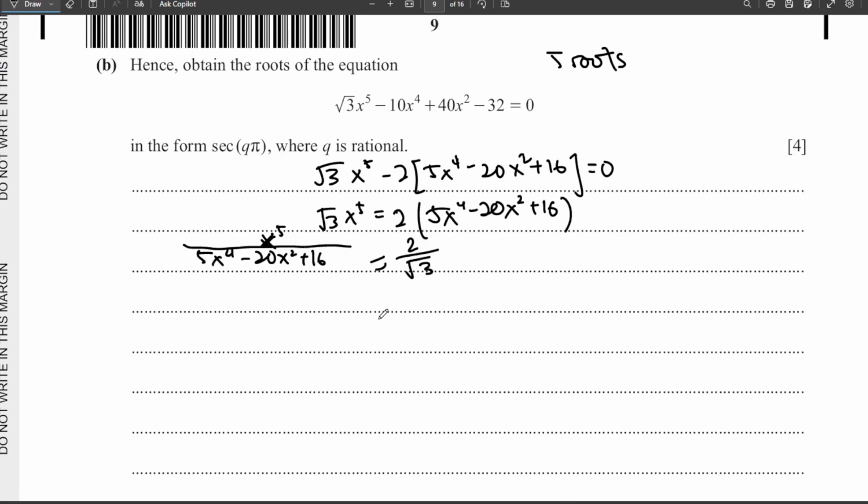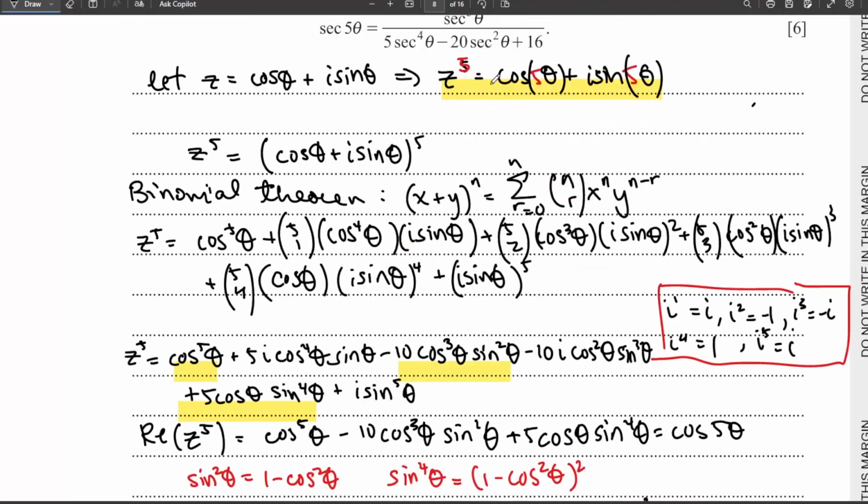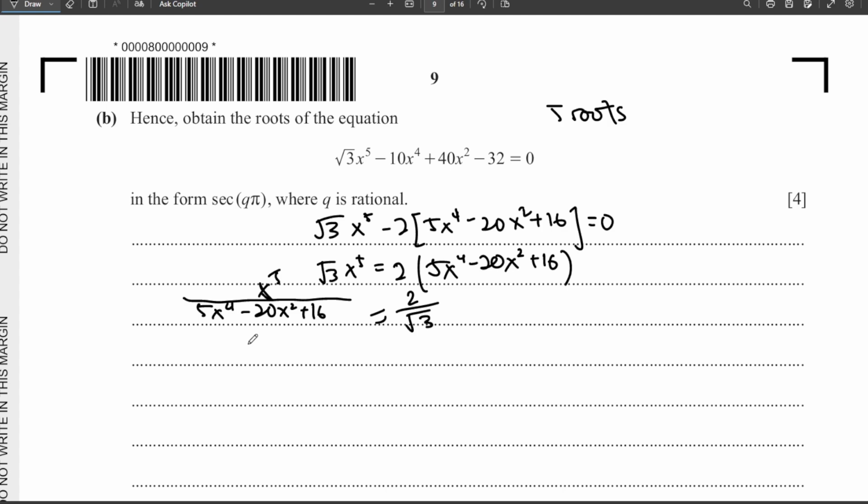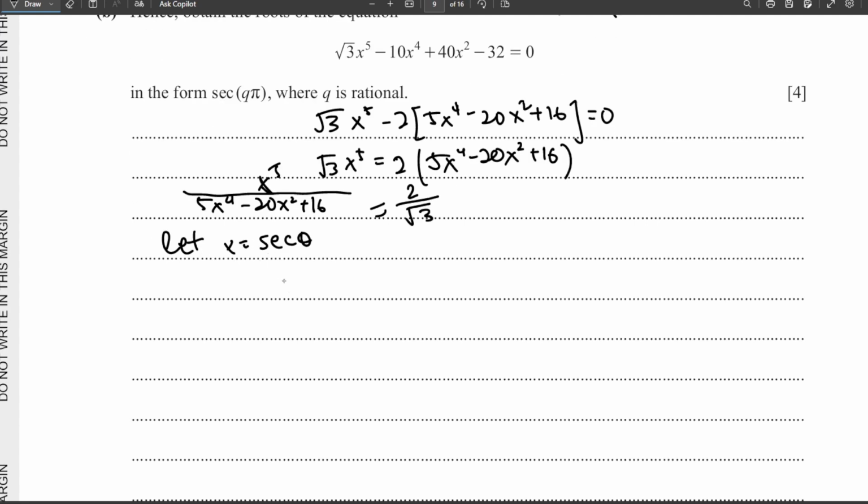So at this point you should be able to see quite clearly that on the left hand side what we have is basically the same form as what we have proven here, but it's just in x. So what we have to do is we let x be secant theta. So we have secant 5 theta, 5 secant power 4, 20 secant squared, and 16 equals this.